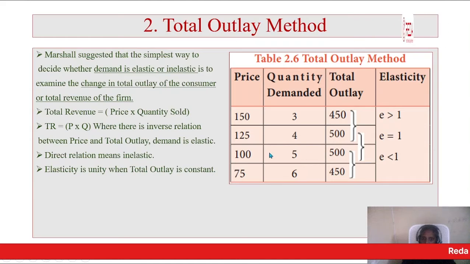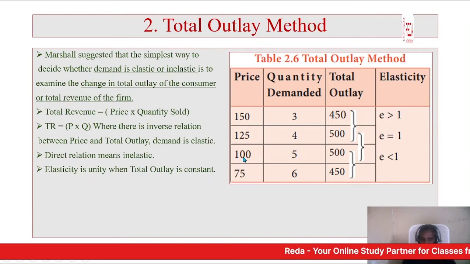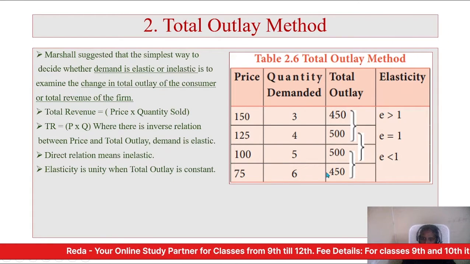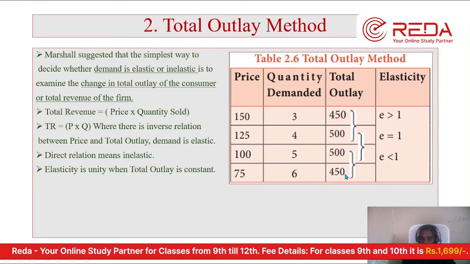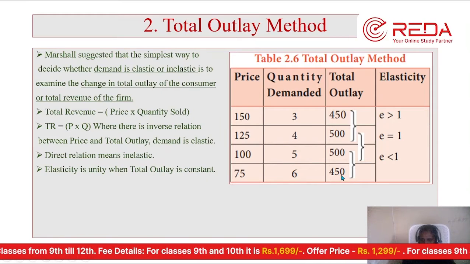And you take the third situation. If the price of the commodity decreases from 100 rupees to 75 rupees, what will happen? The quantity demanded will increase from 5 to 6. So in that case, the expenditure, the total outlay, may be 450.